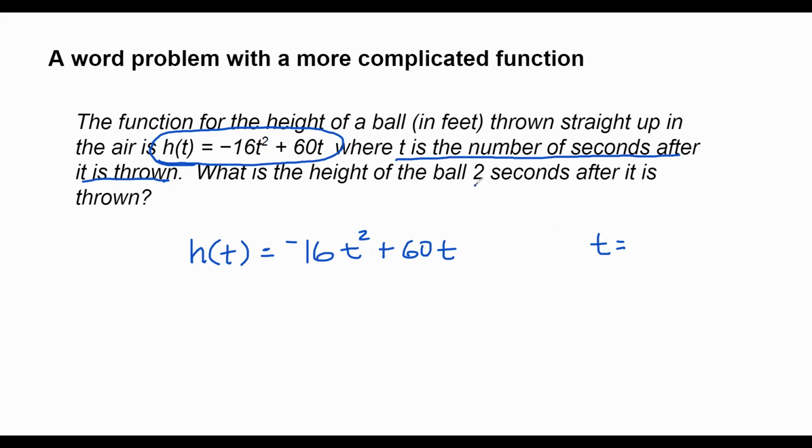And this tells us we're interested in 2 seconds after it's thrown. So we substitute 2 in for t. So we get -16 times 2 squared plus 60 times 2. And the answer to that is 56 feet, because this function is calculating the number of feet a ball is in the air, the height of the ball in feet.